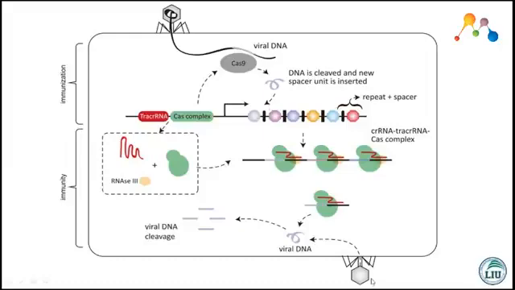If the bacterial cell is later infected with the same bacteriophage, the Cas complex, in the presence of RNase 3 and a transactivating RNA molecule, will be used to synthesize a specific hybrid system that contains the CRISPR RNA and the transactivating RNA, which will be associated with the Cas complex in order to induce the cleavage of this DNA.